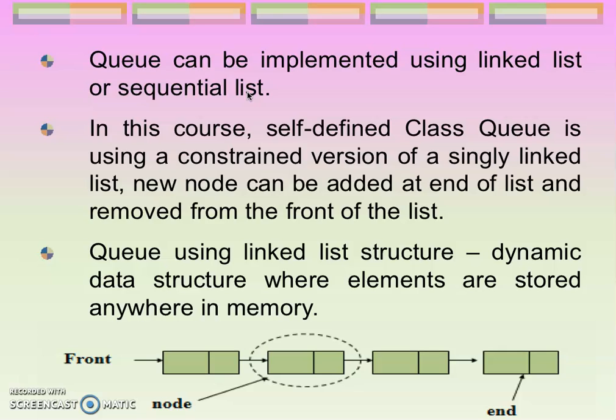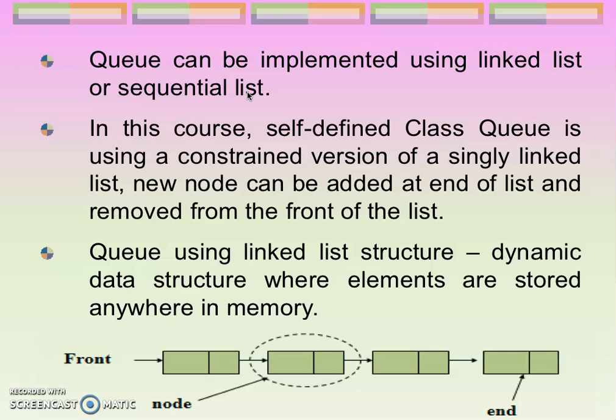Then if we want to implement queue using sequential list or array list, we need to implement it using array. Okay, sebab apa? Sebab sequential list or array list is implemented using array.